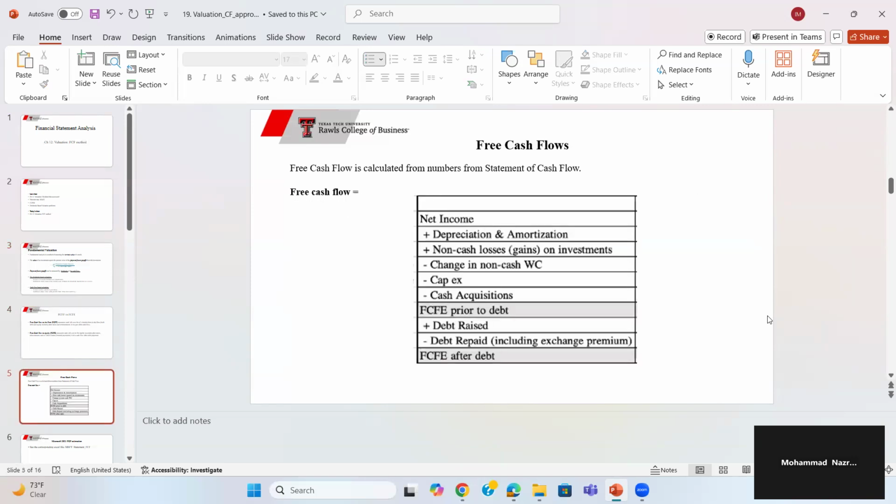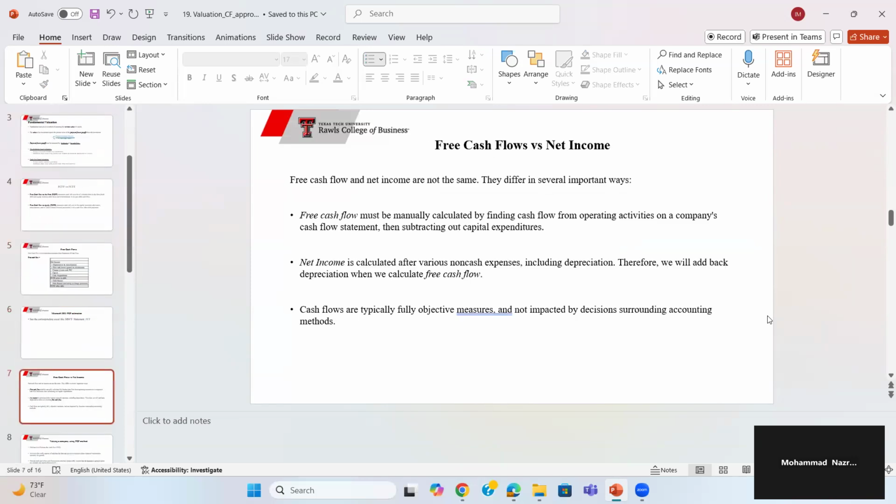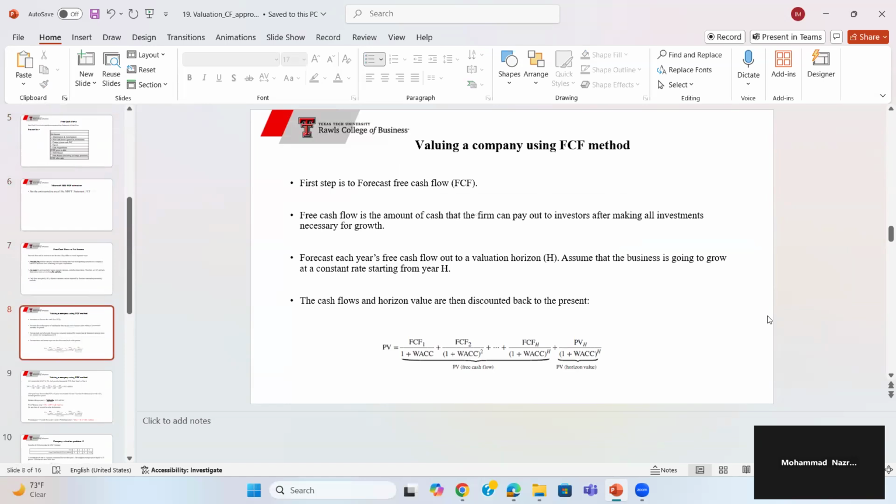These are the free cash flow formulas, how you can get the free cash flow. From here, you can see the formula for calculating the value of a company using the free cash flow method. For different years, you just need to discount each cash flow with your weighted average cost of capital.